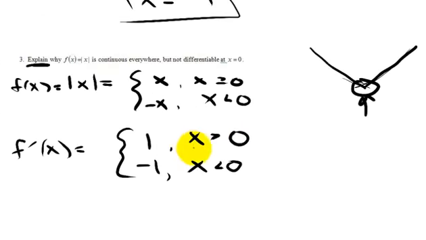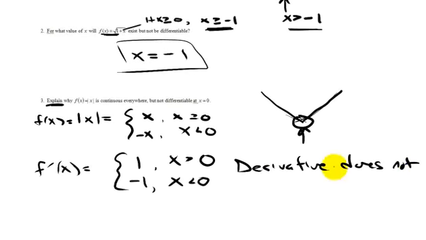And when we're approaching 0 from the left, we have a slope negative 1. So what happens at 0? Well, at 0, we don't have a slope to work with. Because coming in from the left, we're negative 1. Coming in from the right, we're positive 1. So no derivative exists. Saying derivative does not exist at x equals 0.